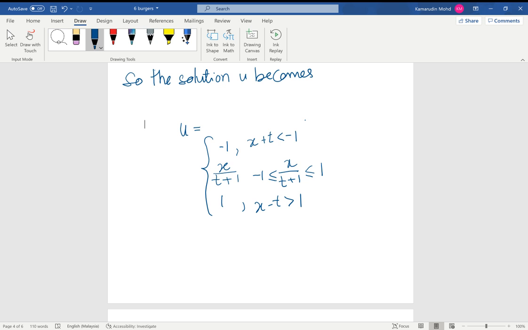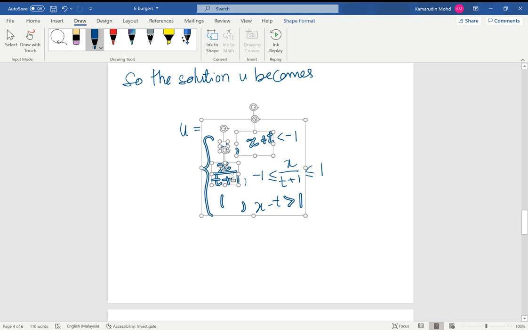Now this is the solution, but we can modify further, especially for this range of x. I write below here, modify so that we have it in terms of x.